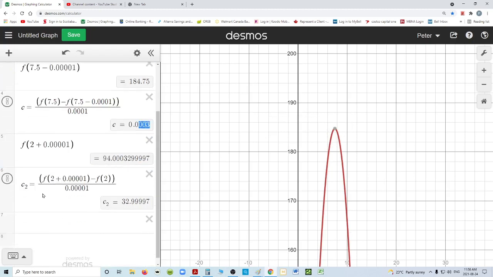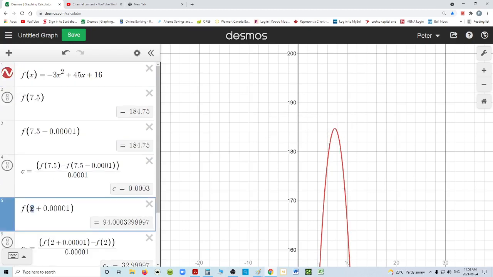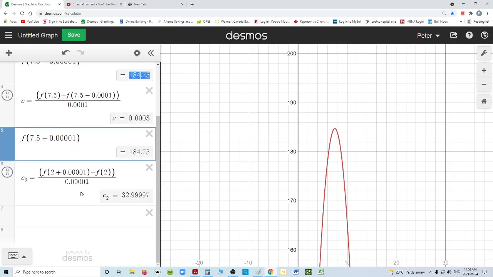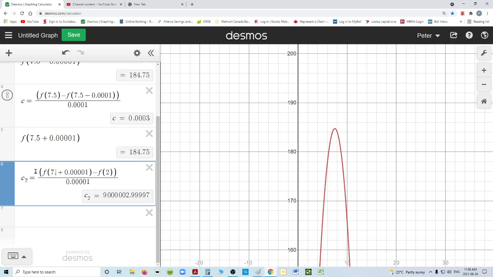That's the point to the left of the vertex, which is what we would expect: positive and close to 0. Then we're going to do the same thing for a point that's just slightly to the right. It looks like the same value. Just keep in mind that Desmos is rounding it, and you would see it if we were to take a smaller value for h. When we plug it in, we can see that it doesn't affect our answer.